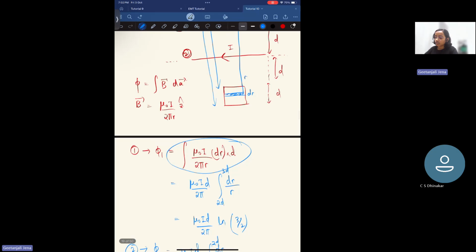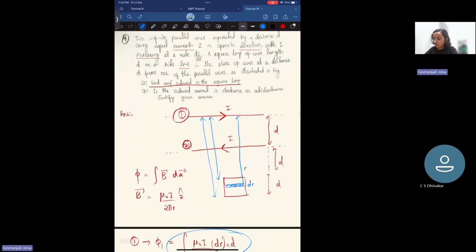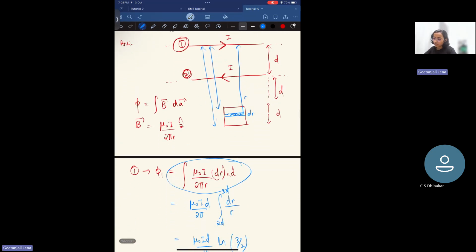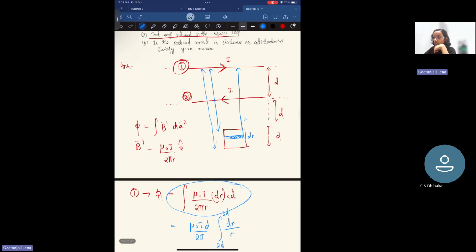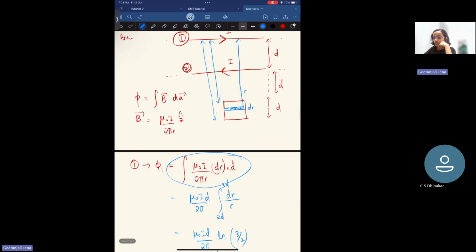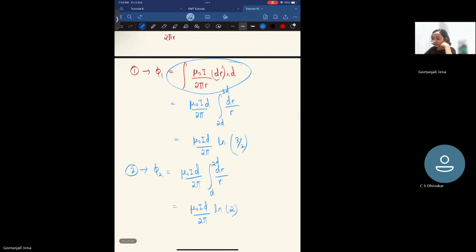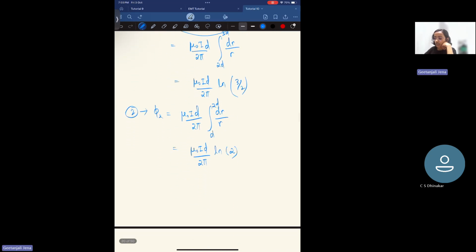So we have calculated the flux. Now to find out the EMF, we need to calculate the change in flux. So if you see the flux is in the opposite direction, which flux will dominate, whether it is phi 1 or phi 2? Ln 2 and there is ln 3 by 2. That means phi 2 will dominate.